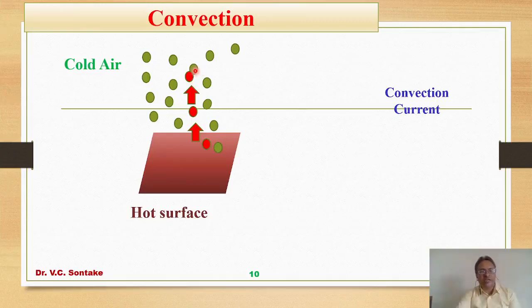And this way heat transfer takes place. Many cold air particles will come into contact with this surface, become heated up, and move in the upward direction. While moving upward, they will come into contact with many cold air particles, and by virtue of temperature difference, will transfer their heat to the cold air particles.